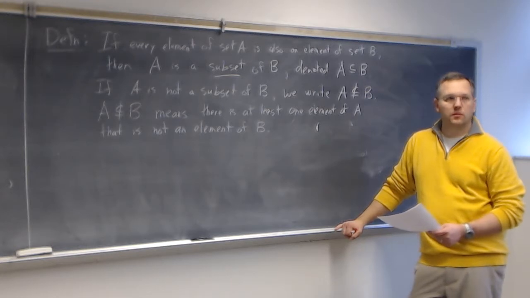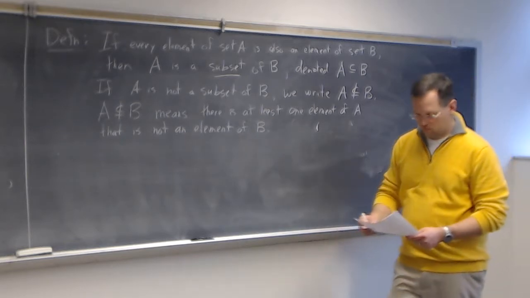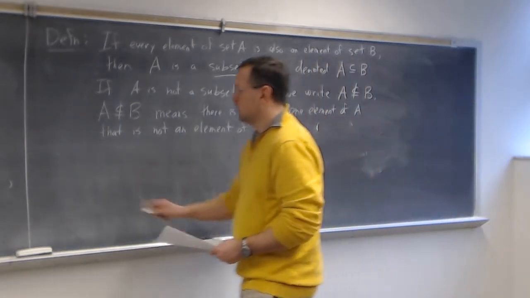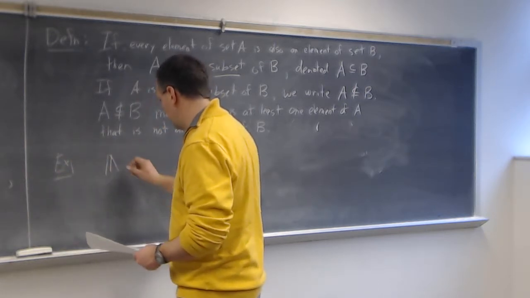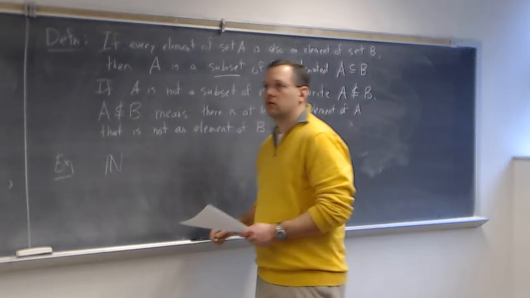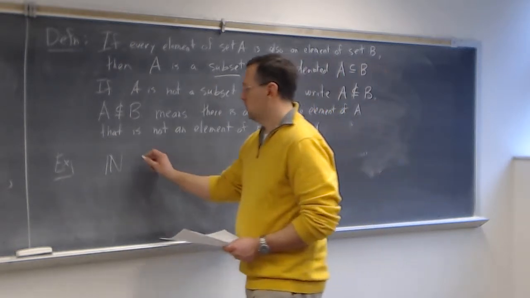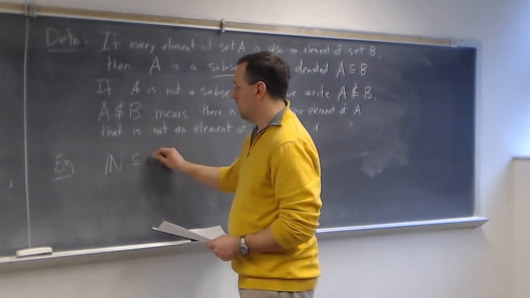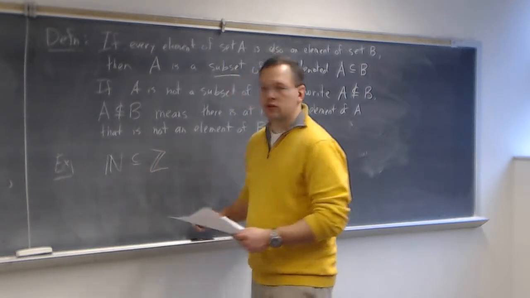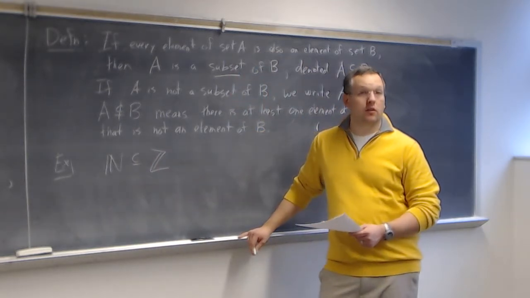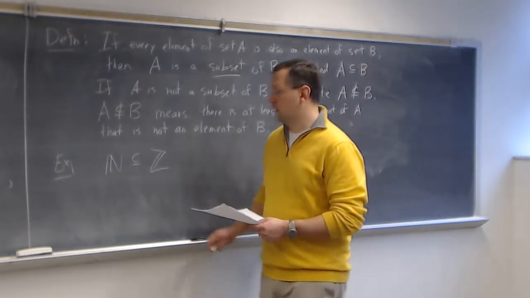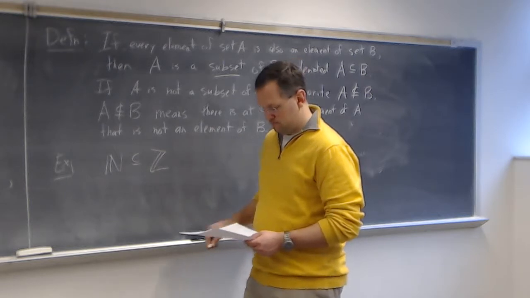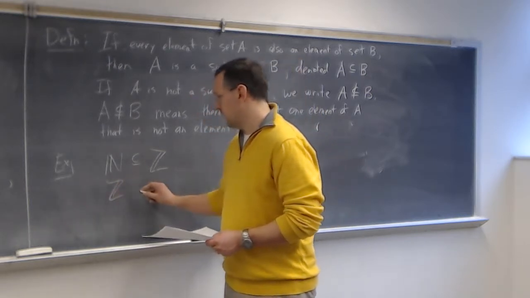Any questions about subsets so far? Here's some examples. Natural numbers are a subset of the integers, right? Every natural number is also an integer. So this is a true statement. What about the integers?